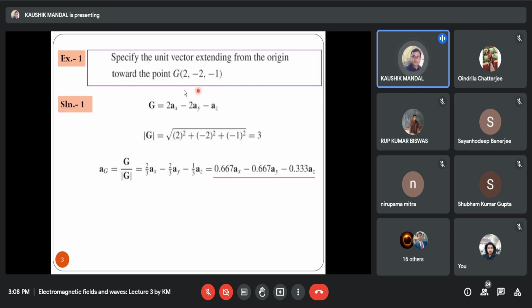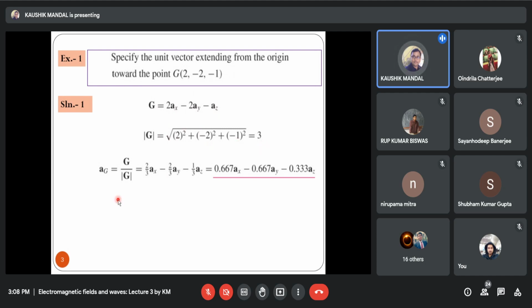So first we have to write the corresponding vector G. G will be 2 as the component along the x-axis, minus 2 as the component along the y-axis, minus 1 as the component along the z-axis. So the corresponding vector G becomes 2ax minus 2ay minus az. What will be its magnitude? Obviously the root of 2 squared plus minus 2 whole squared plus minus 1 whole squared, that is 3.